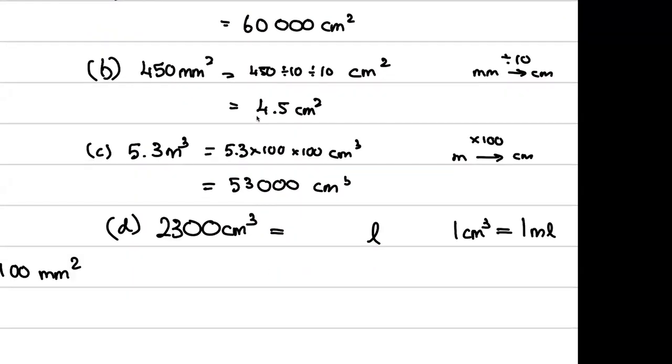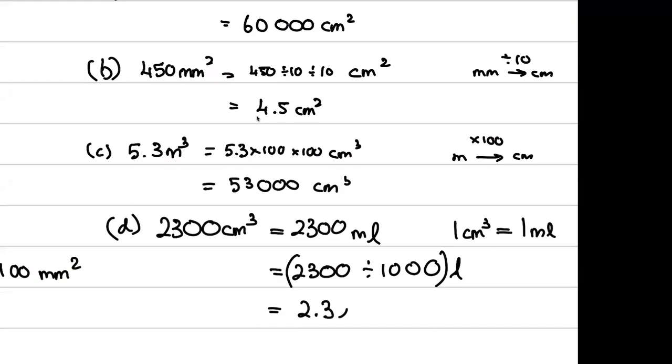So 2,300 cubic centimeters is actually equal to 2,300 milliliters. And then if you want to convert it to liters, we just need to divide it by 1,000. 2.3 liters. And that's it.